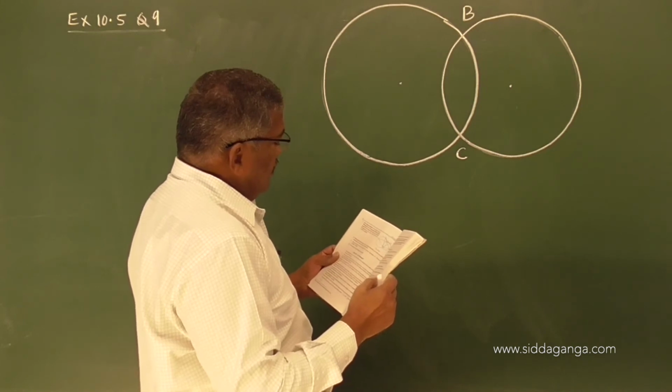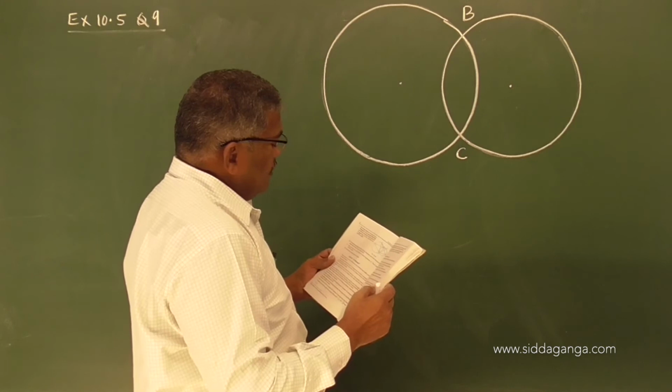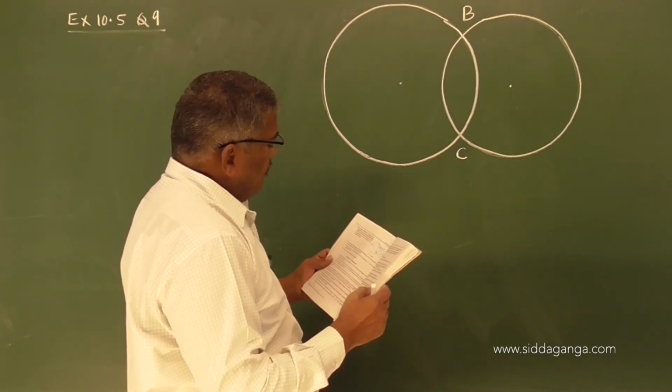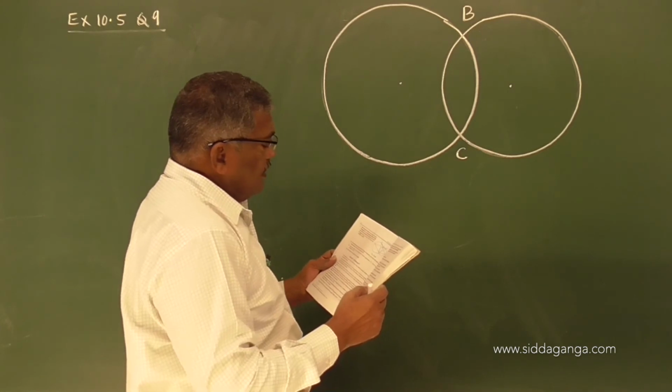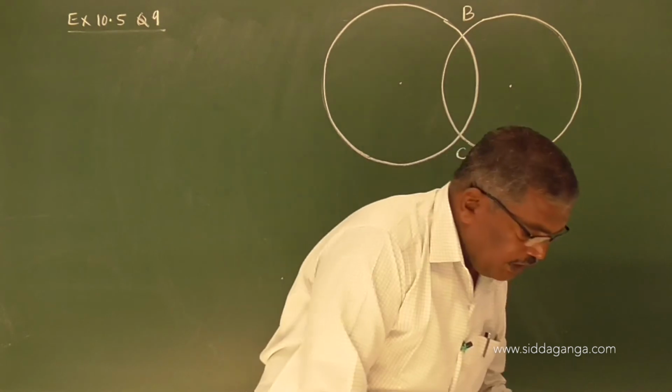Now, through B, two line segments ABD and PBQ are drawn to intersect the circles at A, D and P, Q. So we have two lines.